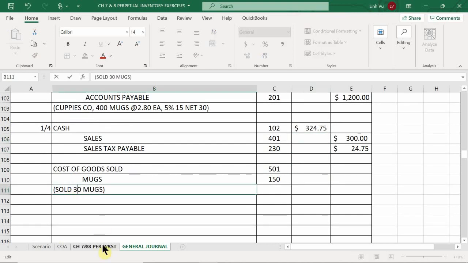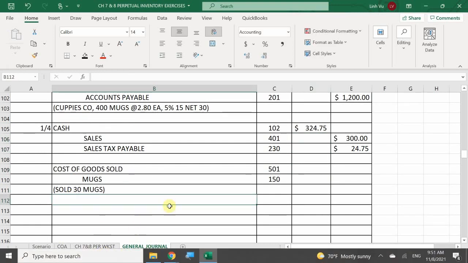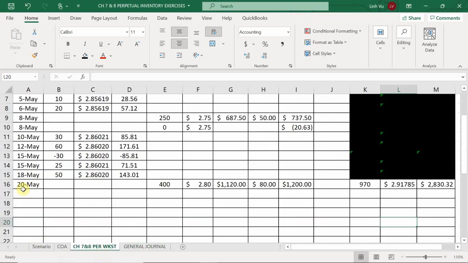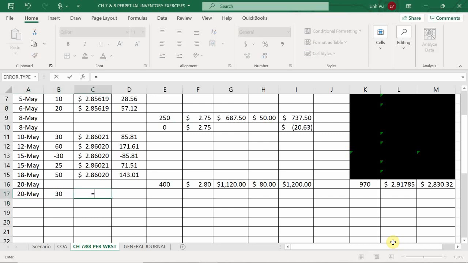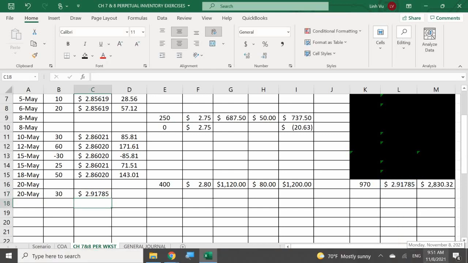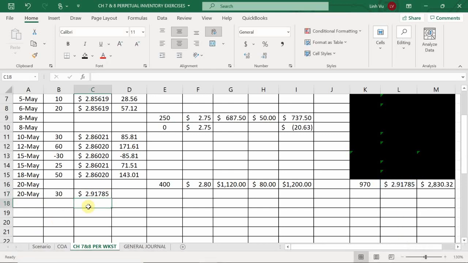Okay. So in this case, right, I end up selling 30 mugs, right? So I got to go back to my inventory worksheet and I need to calculate it because now I'm looking at a new average cost per item, right? Because I sold 30 mugs, but this time, how much did it cost me per item? Right? $2.91 right now.